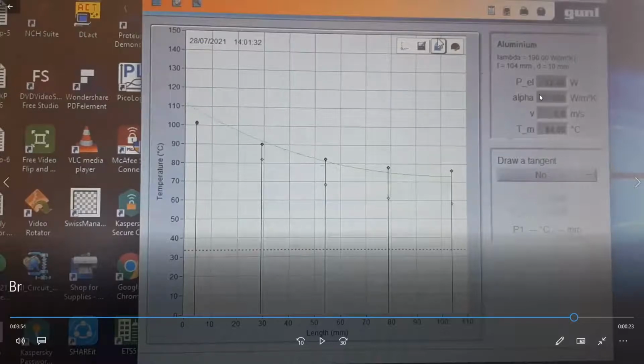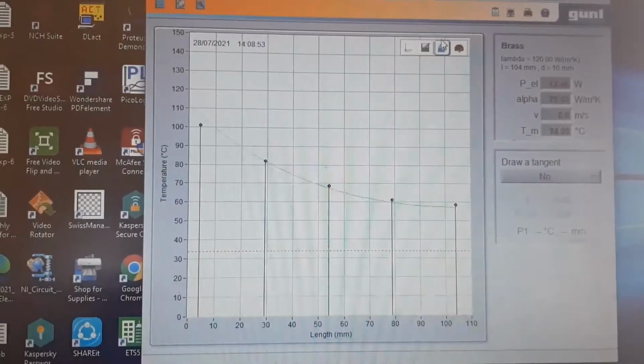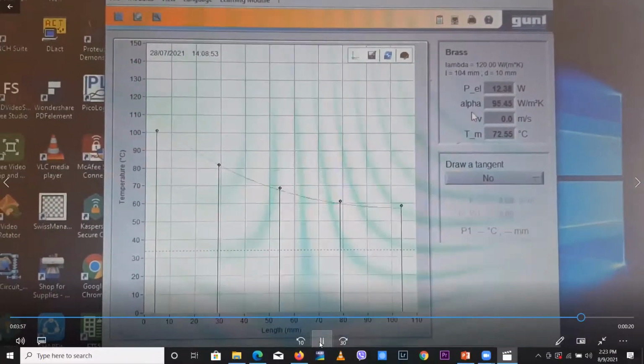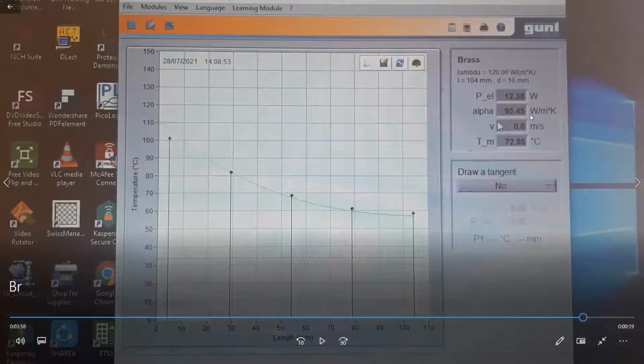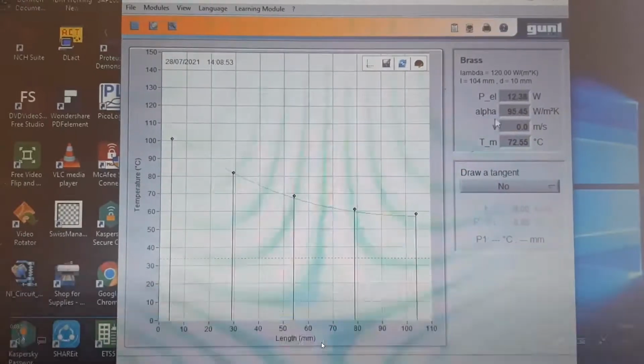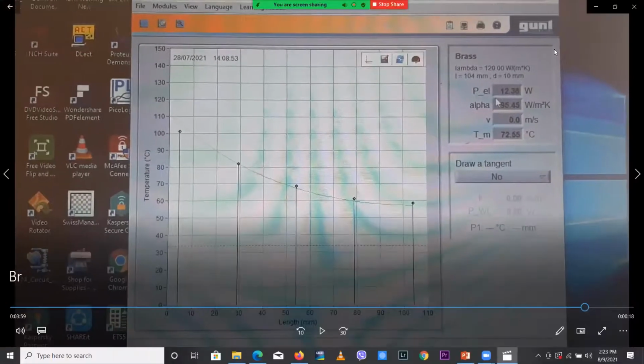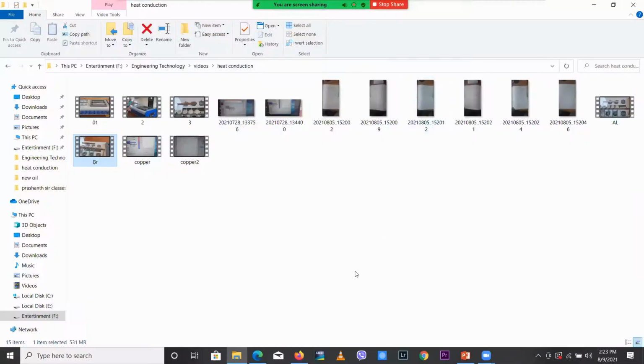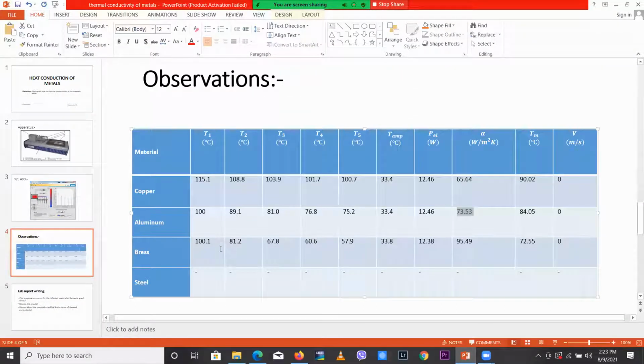The thermal resistance here is 95.4 for the brass, very high. You can see now I have played this video for the aluminum and brass. You can observe that from 100 it will change.